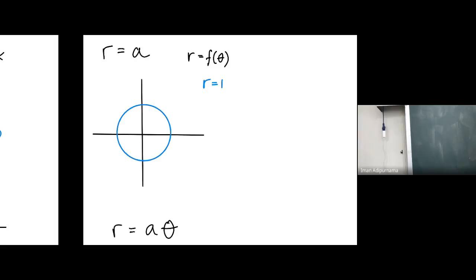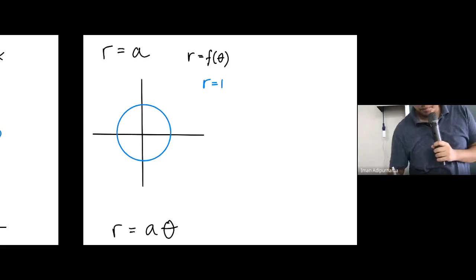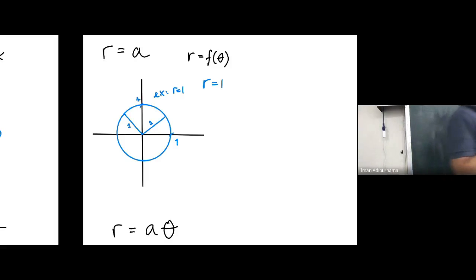So at all angles, the radius should be 1, which is why we get the circle. This is the example, r equal 1. So this is 1. This is also 1. This is 1. This is 1. Do you get it?